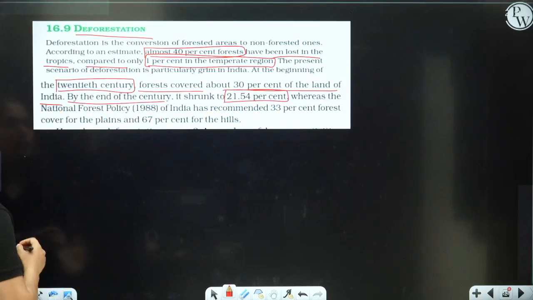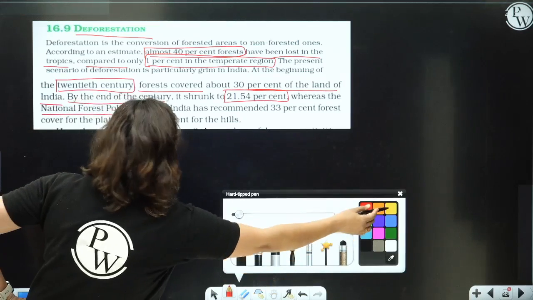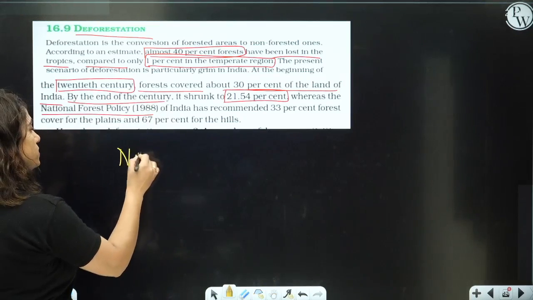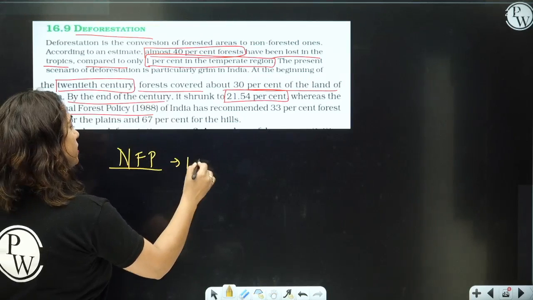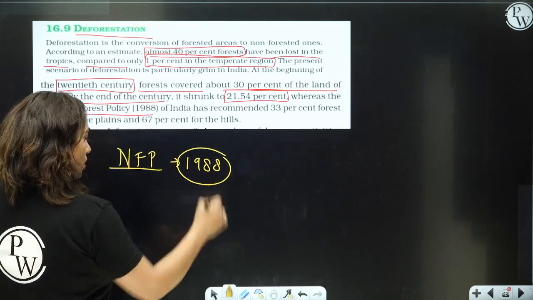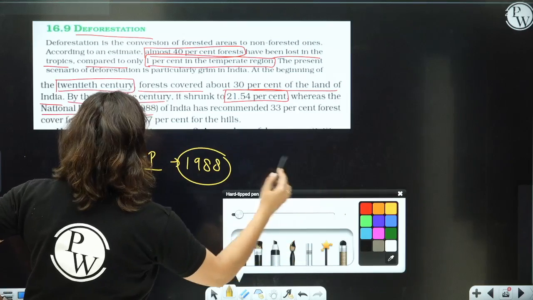So now there is a policy called the National Forest Policy. This is important. This question can come. National Forest Policy came in the year 1988. What is the National Forest Policy?